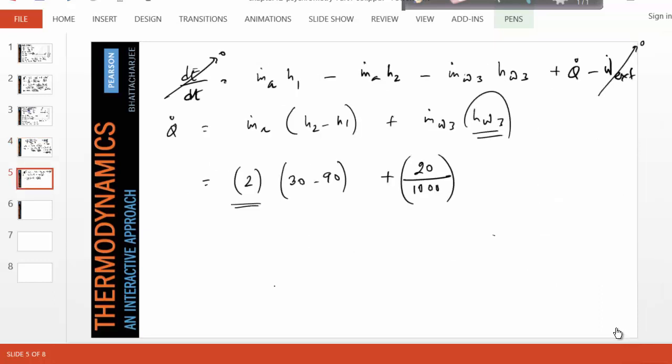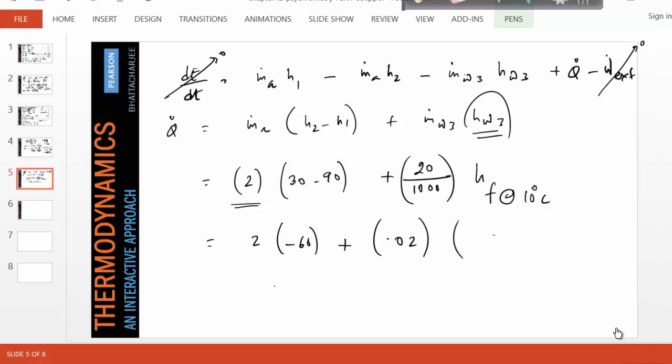Going back here, so enthalpy of water will be enthalpy of saturated water at temperature T2, which is 10 degrees Celsius. So we can go and pick up, so this is minus 60 plus this is 0.02.